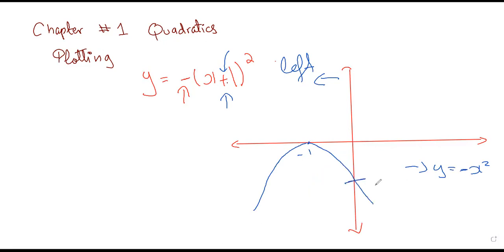What would be the value at this point? We need to find that because we know this is y, this is x. At this point, since this is the y-axis, x is 0. So y equals minus (0 plus 1) squared. Y is minus 1.